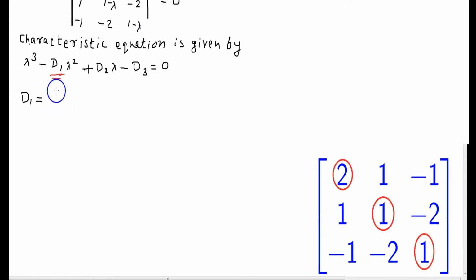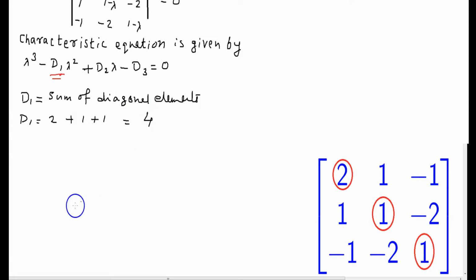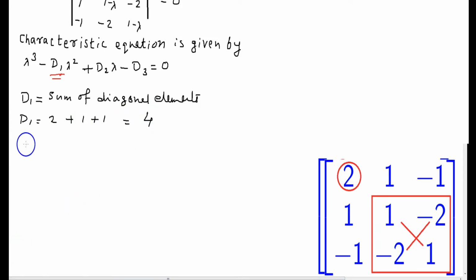Here d1 is the sum of diagonal elements. Therefore, d1 equal to 2 plus 1 plus 1 equal to 4.